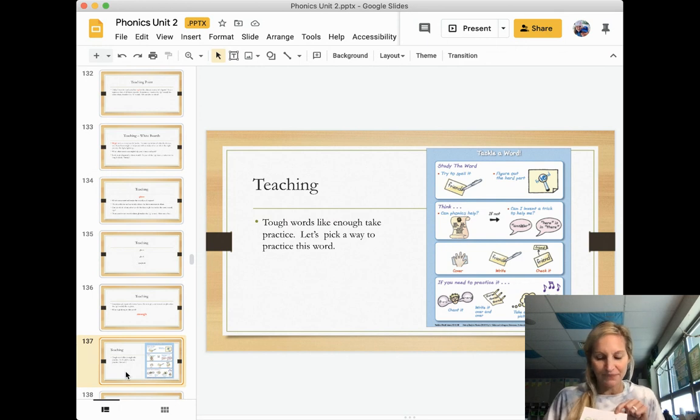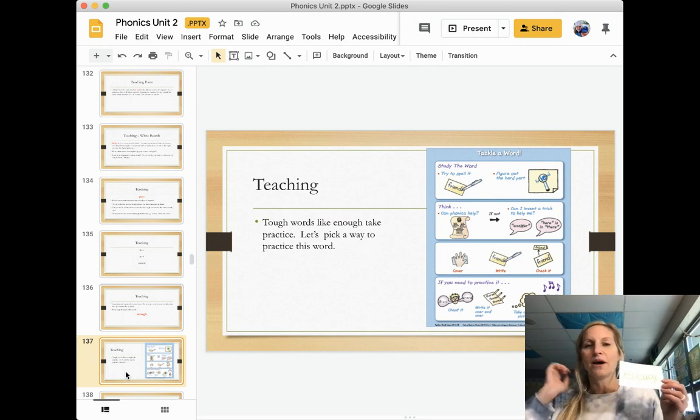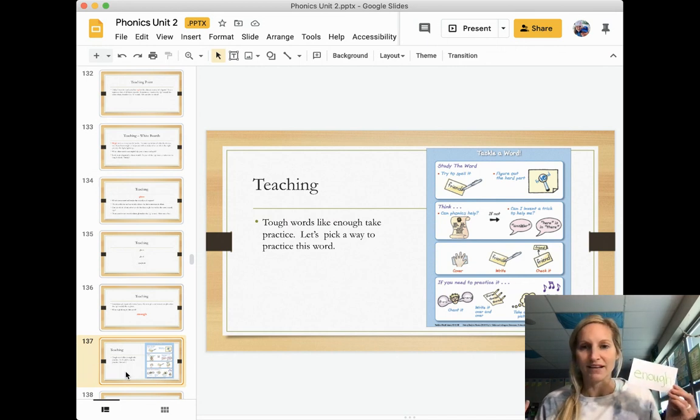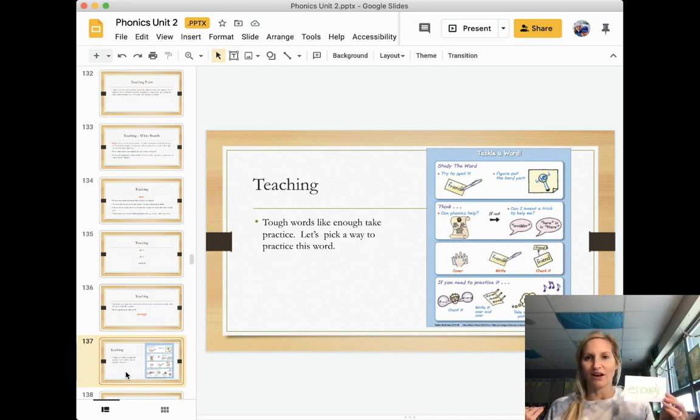All right? So then another thing that we can do here is to think about our word to tackle it. All right, let's think. Can our phonics help? Yes, we just used phonics to help a little bit. We talked about it sound by sound, and we used our phonics. And then can we invent a trick to help us spell it? Yeah.